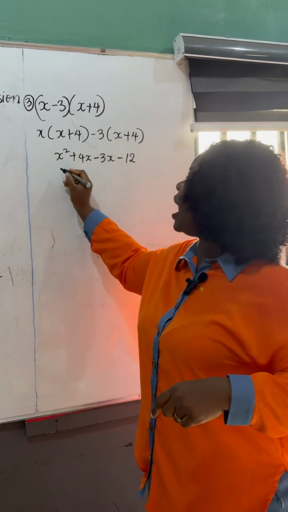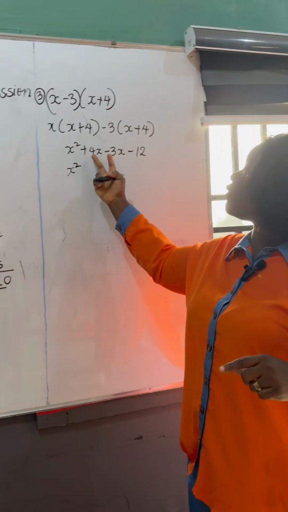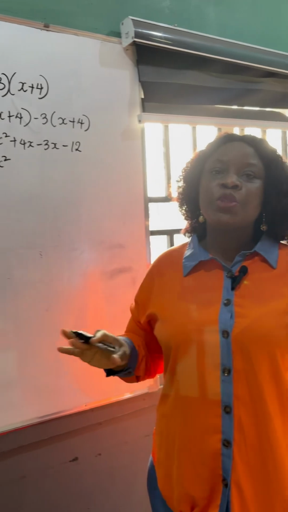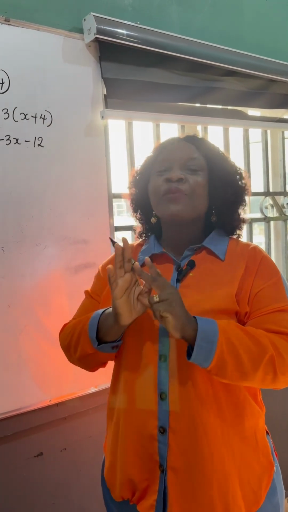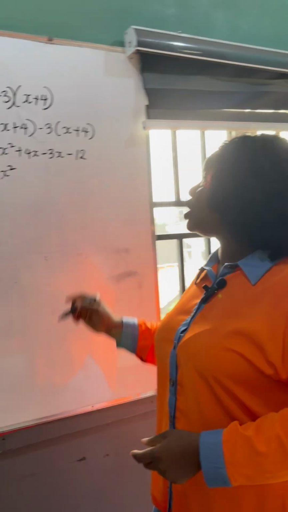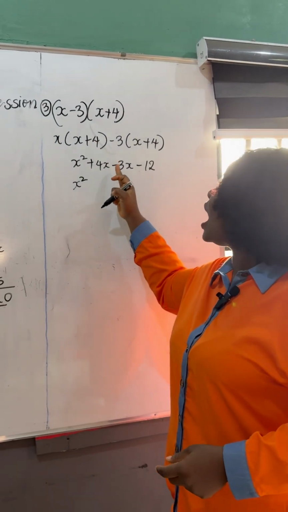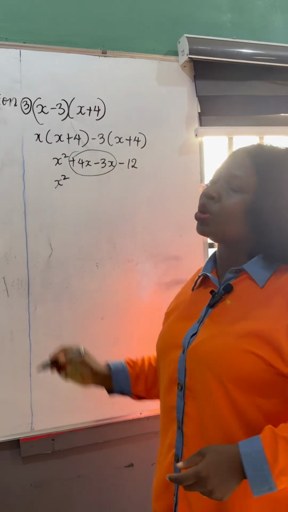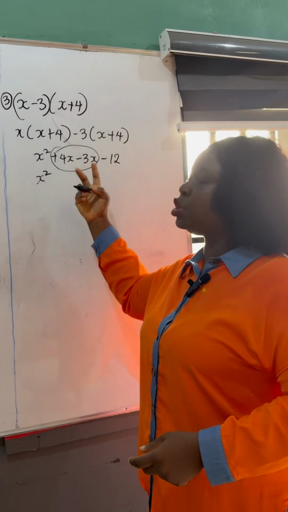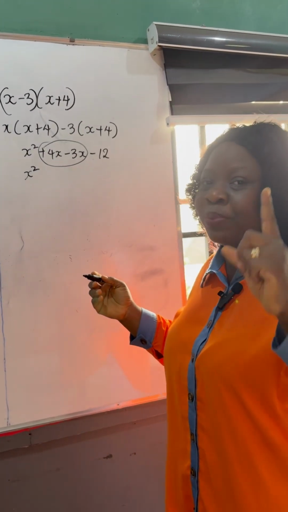Okay, so from here we have x squared. Now, when you have two different signs, you subtract and the answer will take the sign in front of the bigger number. So we have a positive number here and we have a negative number. Since we are dealing with these two numbers, we subtract, and our answer will take the sign in front of the bigger number.